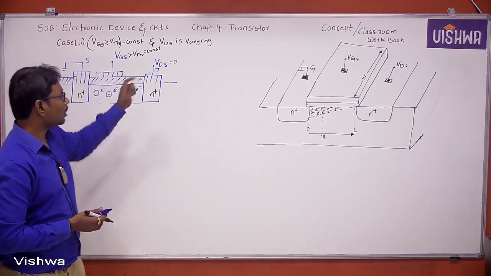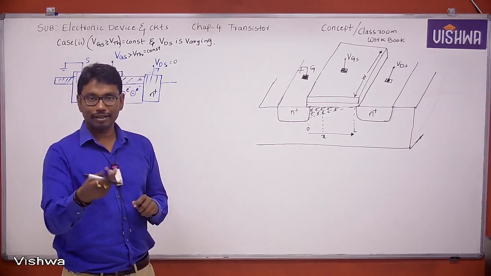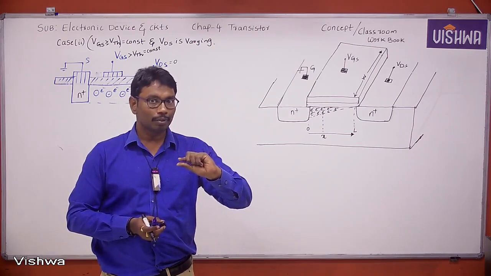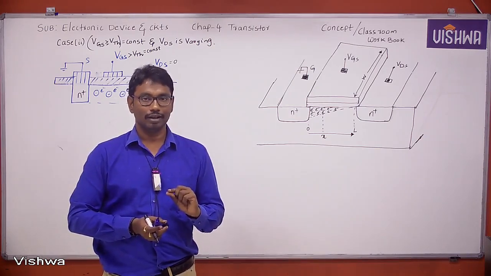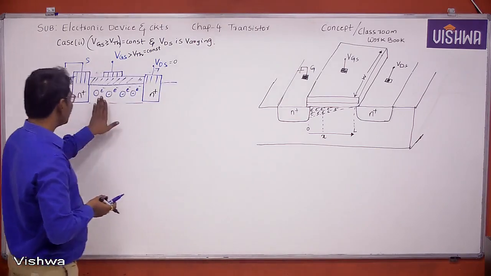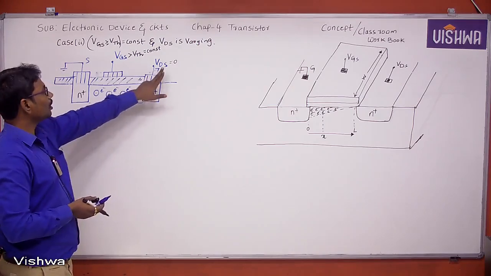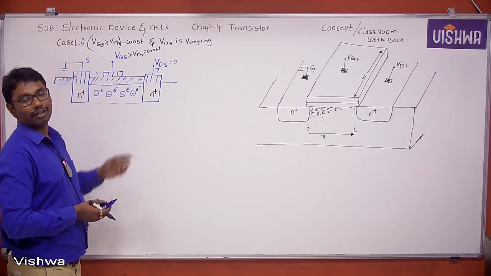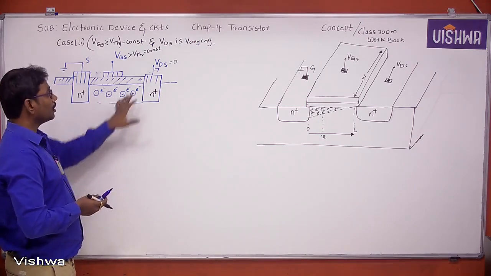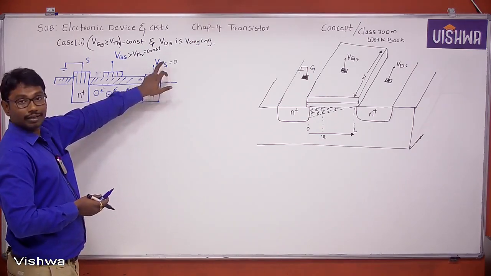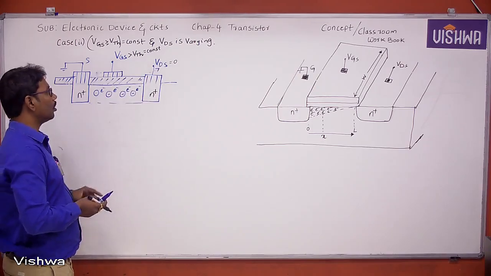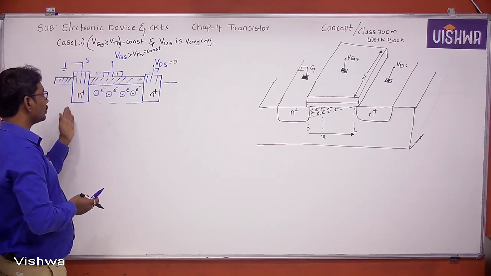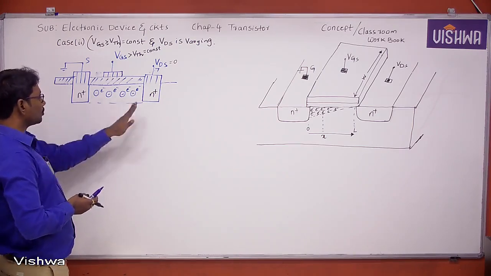I already told you in the previous lecture, the use of VDS is to enable the movement of the charge carriers. Even though the channel is created, if you do not apply VDS, there is no current in the channel.